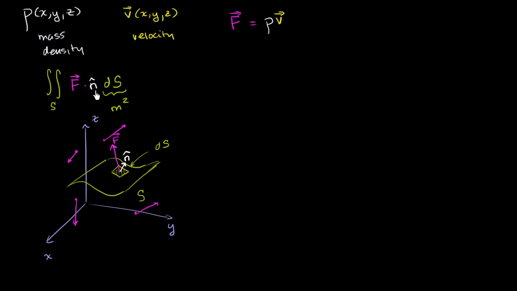And since n is a unit vector, since it has a magnitude 1, this is essentially saying what is the magnitude of the component of f that's going in the direction of n? Or what is the magnitude of the component of f that is normal to the surface? Or how much of f is normal to the surface? So the component of f that is normal to the surface might look something like that.